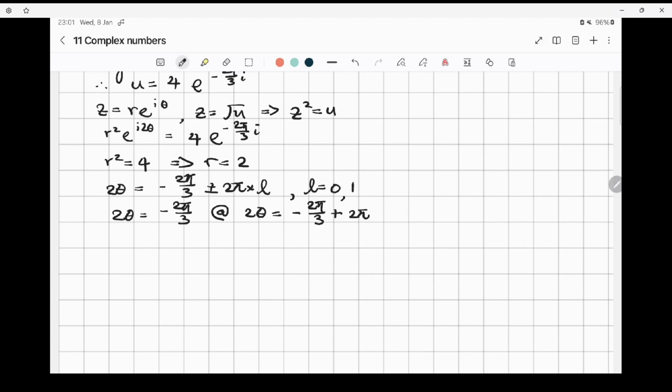So why don't I do the minus? Because remember just now, what I would need to do is to look at the 2 theta from minus 2 pi to 2 pi. So if let's say you are using the minus 1, so minus 2 pi minus 2 pi over 3, this definitely exceeds your lower limit.